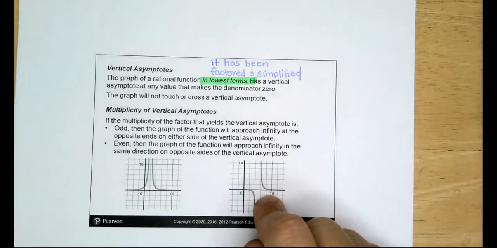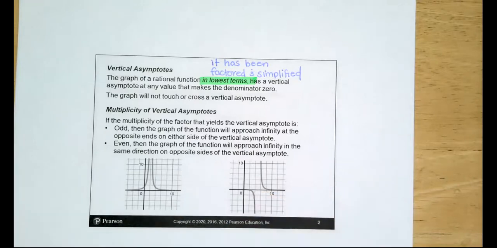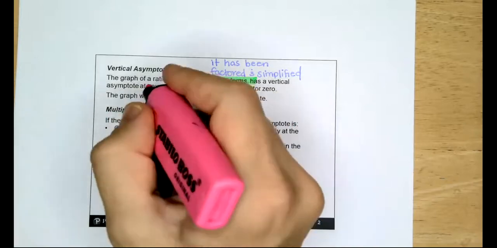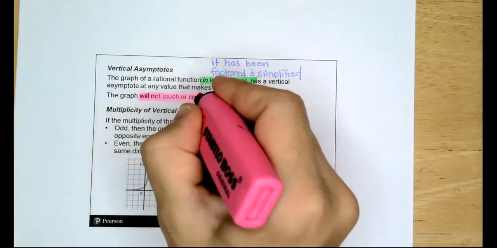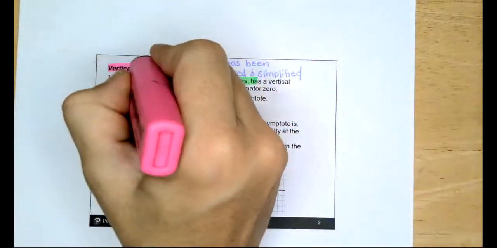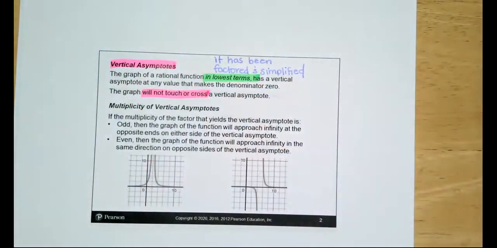And this is what we saw in those graphs. At -5 and 5, it approached, but it did not touch. Okay, so the graph will not touch or cross a vertical asymptote. That's what it means. The multiplicity of the factor, we know multiplicity from the last 2 lessons.